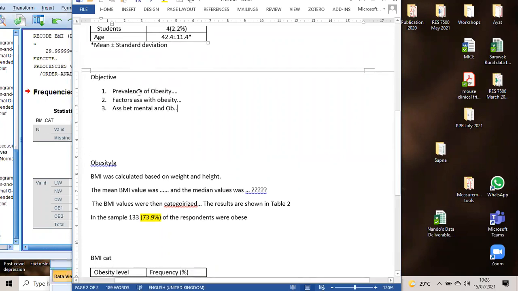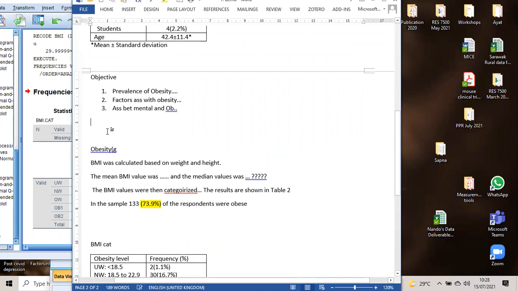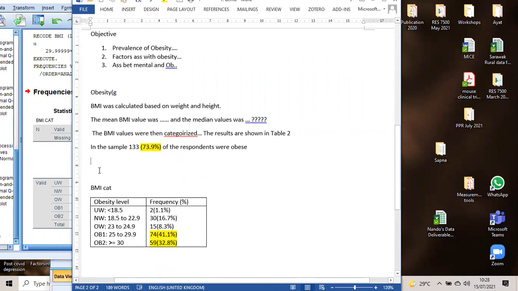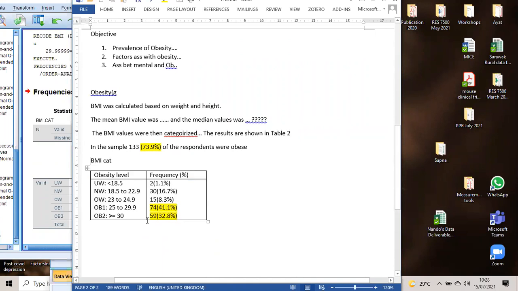So for each one, we need some analysis. First one's done. Get the table. Table name it, I say put table X, and based on table X, you answer this. For factors associated, we must do further analysis.